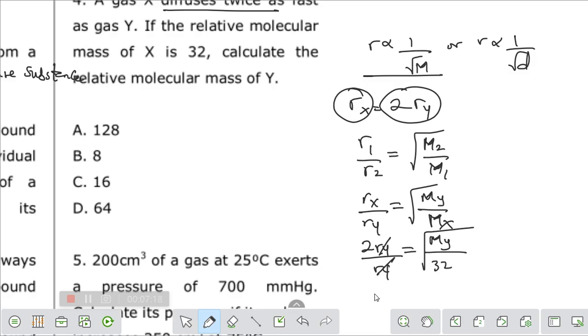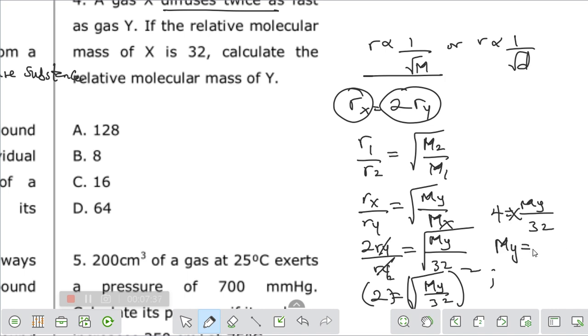Then we say 2 is equal to the square root of My over 32. So let's square both sides. So we now have 4 is equal to My over 32. So let's cross multiply. So our My will be equal to 32 times 4. So what do you have now? 128. So that will be your mass for Y.